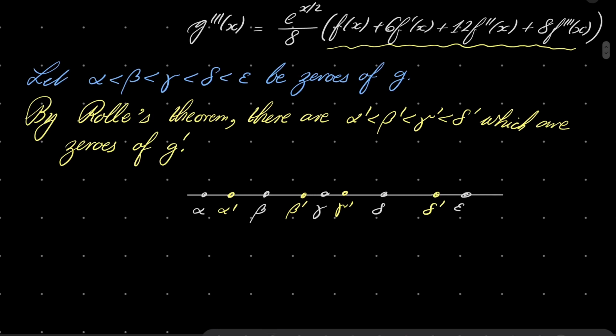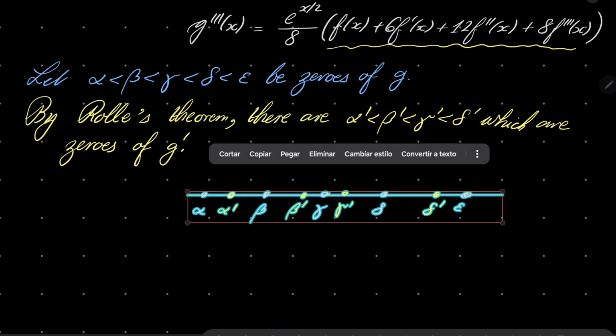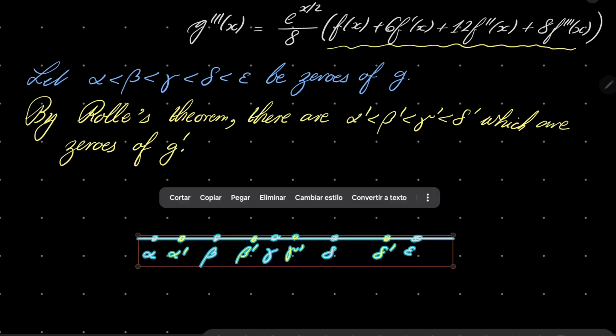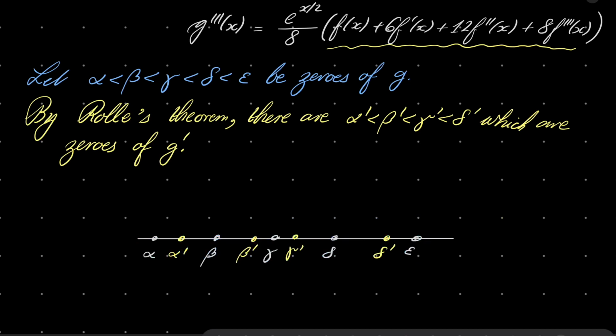And you probably guess what will be happening right now. I will take my numbers once again, and I will find, again by Rolle's theorem, zeros of the function g prime prime. So in the interval from alpha prime to beta prime, since our function g prime attains the same value at the ends, there will be some number alpha double prime, beta double prime, and for example here, gamma double prime.